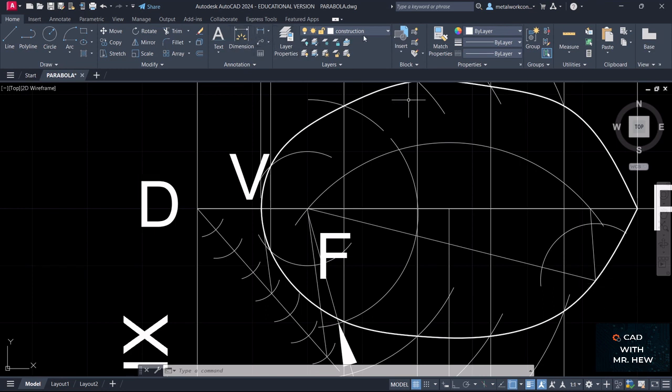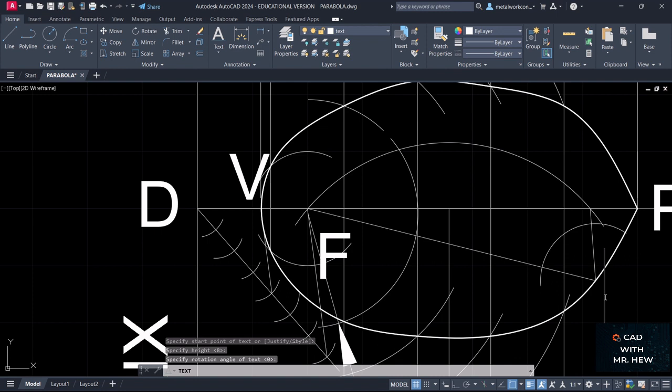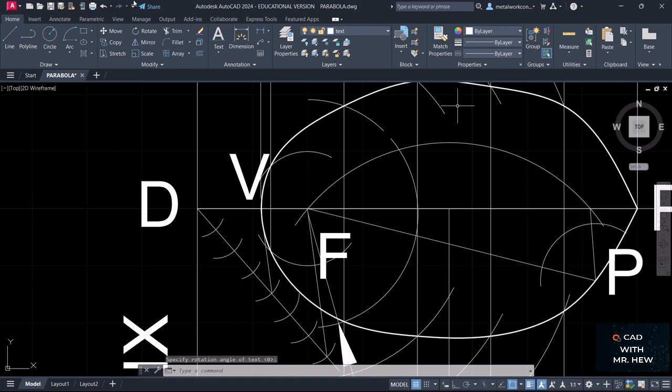Let me label this point P so that you can follow along. So single line text, this point right here is P. All right, let us move it out of the way. So we're gonna move, select all objects.